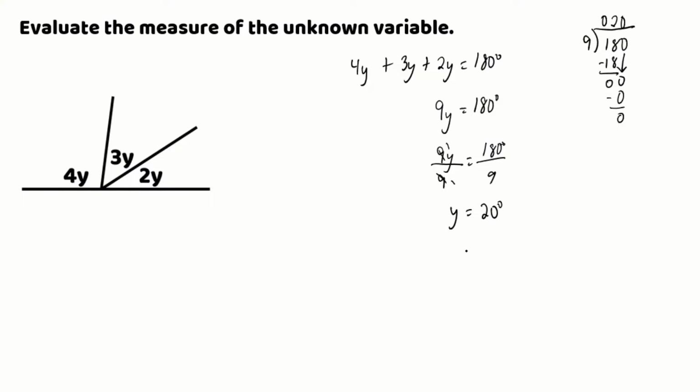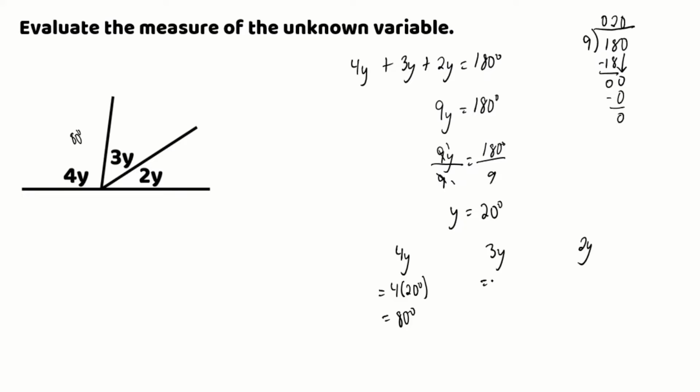And now we're going to go back and calculate our 4y, 3y, and 2y. Remembering that our y is equal to 20 degrees, 4 times 20 degrees is equal to 80 degrees. So my 4y is equal to 80 degrees.